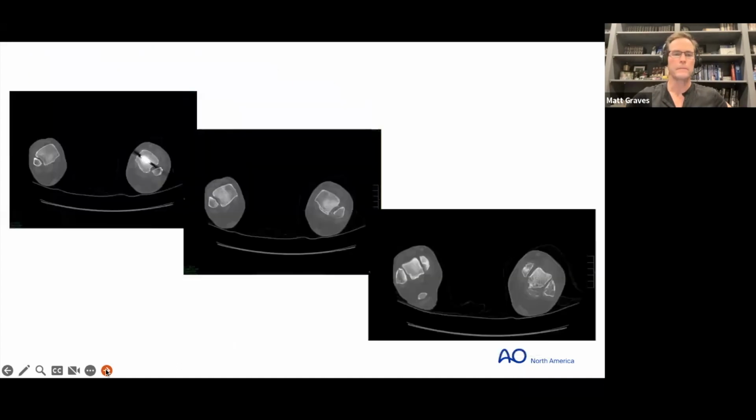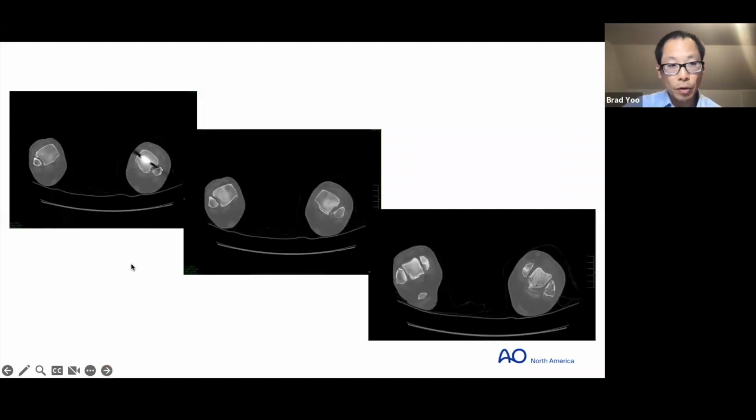Okay. So we did get a CAT scan, and we were fortunate enough to get the contralateral limb in the same picture. And I think you can clearly see the asymmetry present within the syndesmosis. And so the syndesmosis has failed, and we're confronted with a patient that has a flat foot.